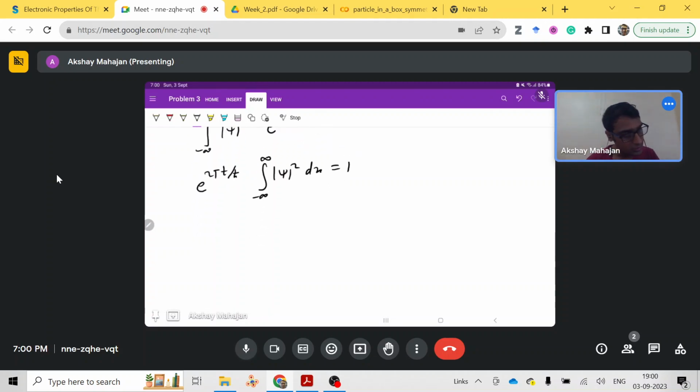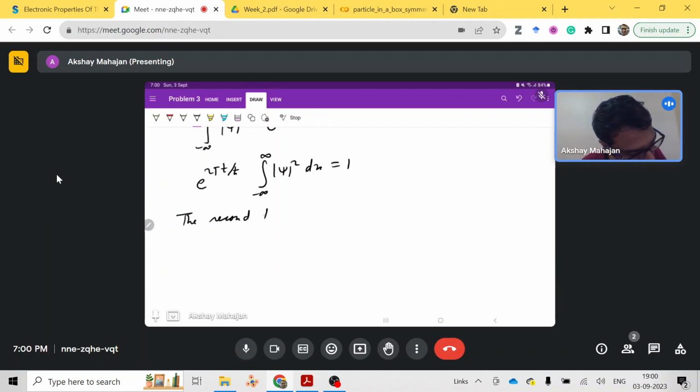Now what we can see is that the second term is independent of time t, correct?